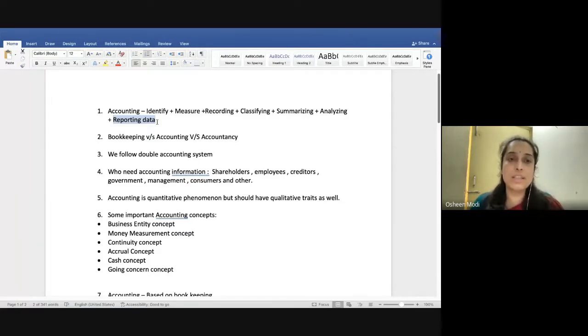So this is the basic, if I say, the pillars of accounting. Anything which is measurable in money has to be identified, measured, recorded, classified into a particular set of categories. Then it has to be drawn down into summarizing form, and then it has to be analyzed and reported to the people of interest, right?